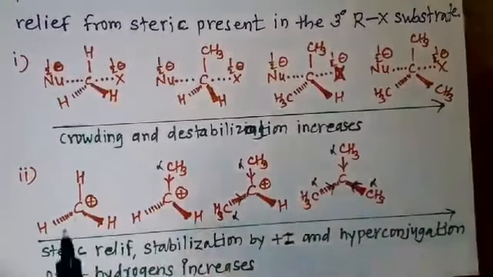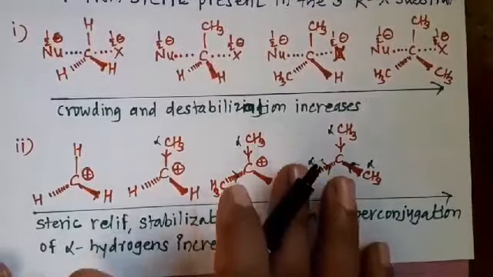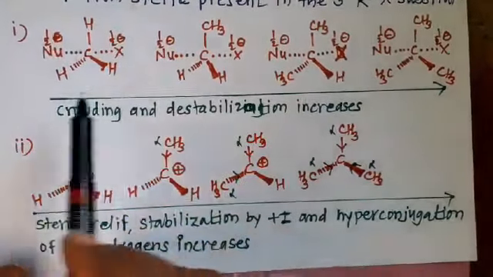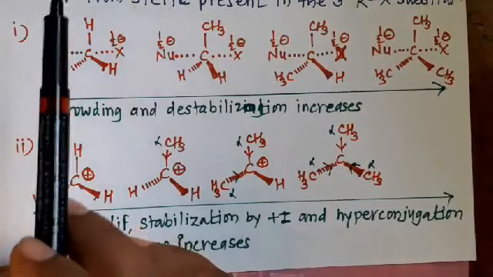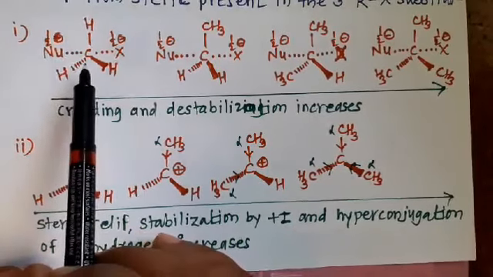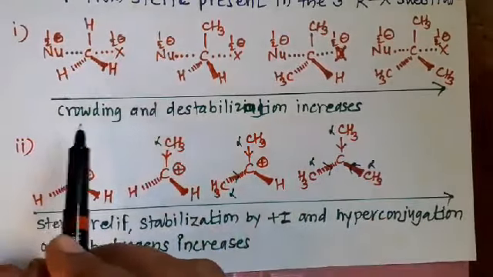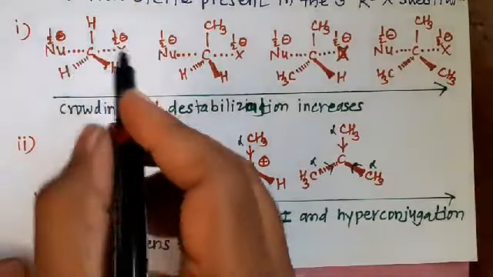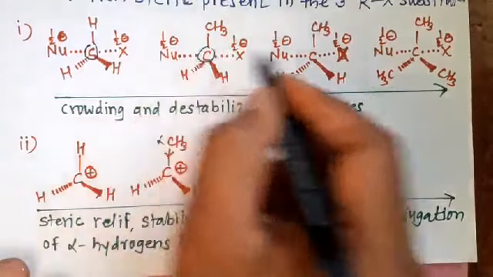Here there are two types of structures present. The first type is for SN2 reaction mechanism, and in these structures we know that there is a pentavalent carbon.